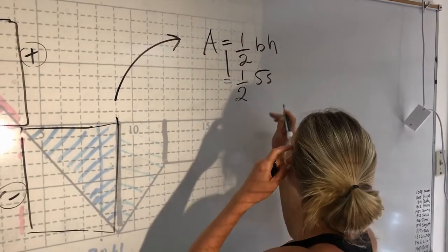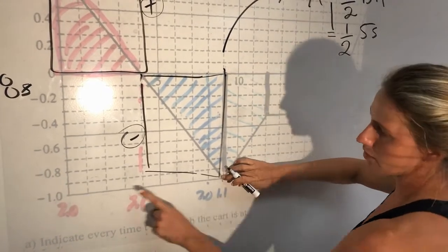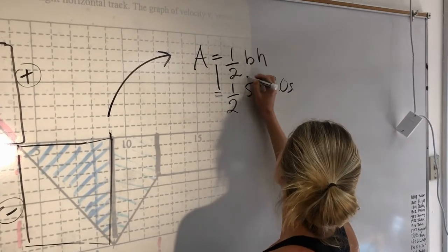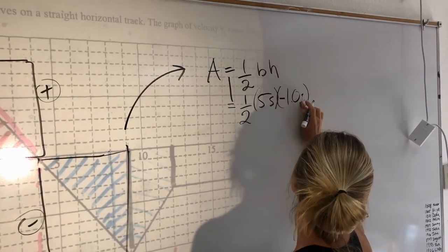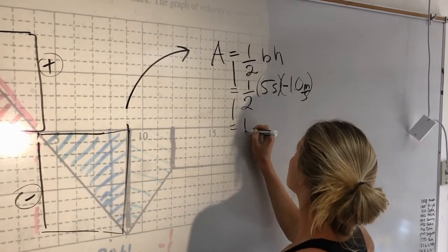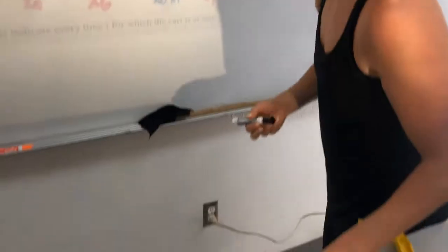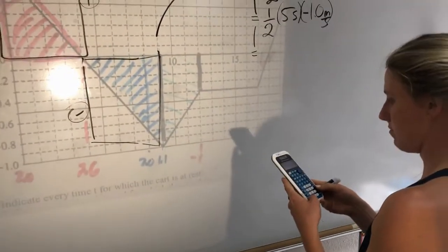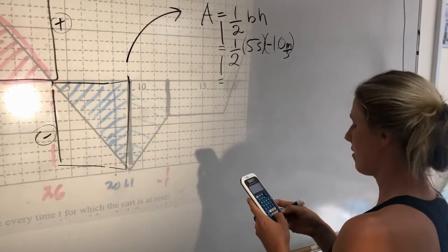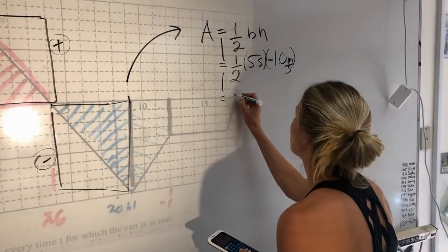That's my base. Now the height, I'm going to go from here all the way down to here. That gives me -1.0 meters per second. Meters per second, thanks. Okay. All right, so I plug this into my calculator. You get 0.5 times 5 times -1, and I get -2.5.